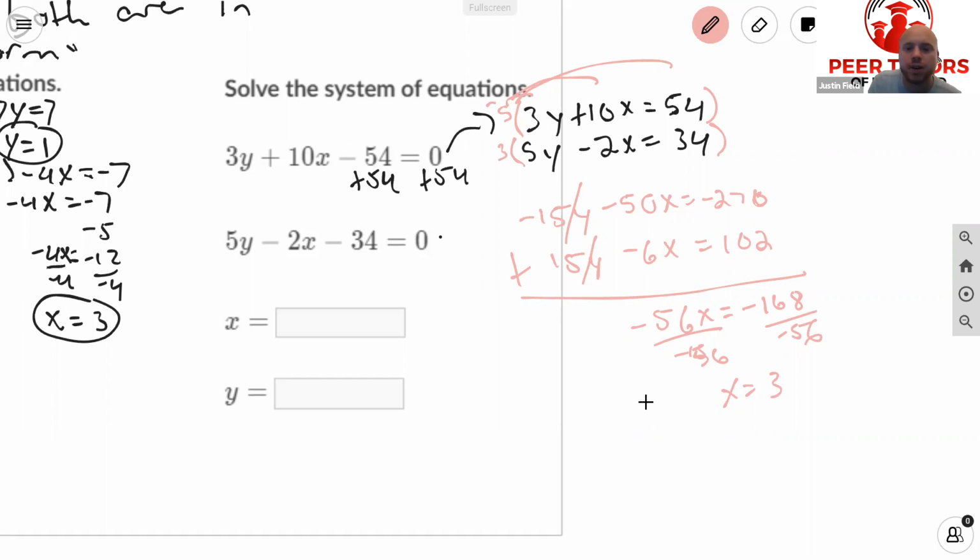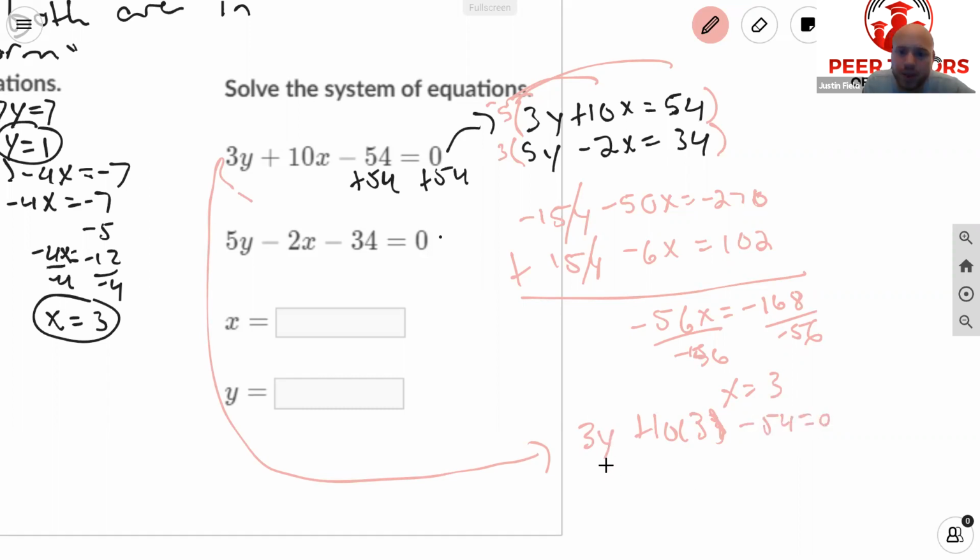I'll pick the top equation again. So 3y plus 10 times 3 minus 54 equals 0. All right. So then 3y plus 30 minus 54 equals 0. 3y minus 24 equals 0.